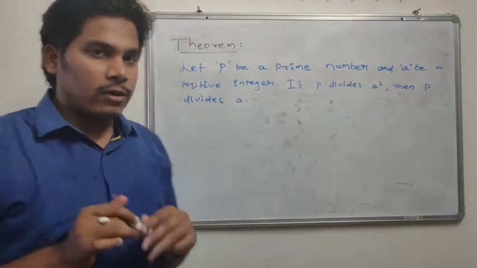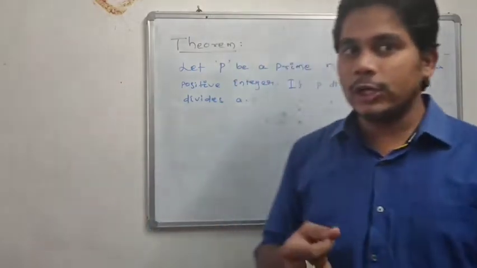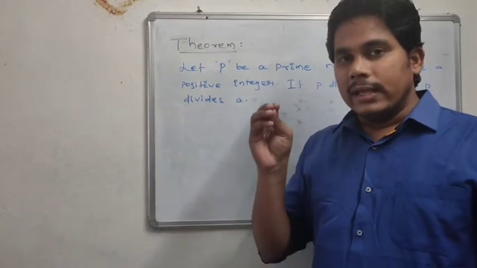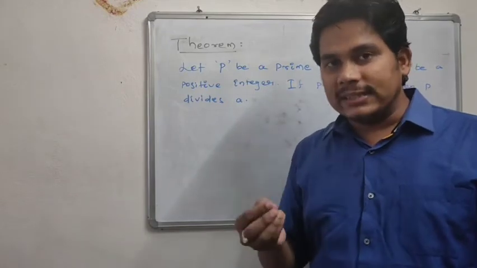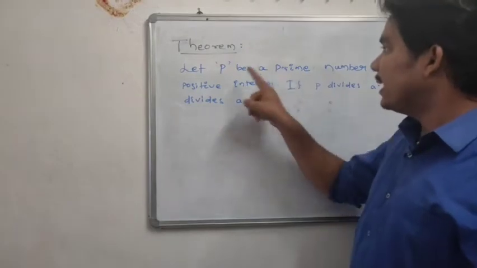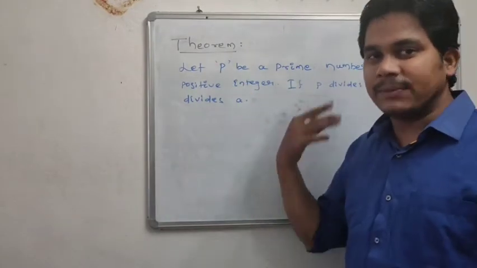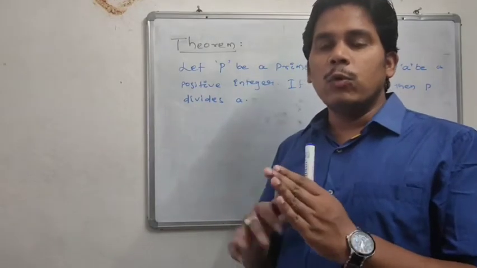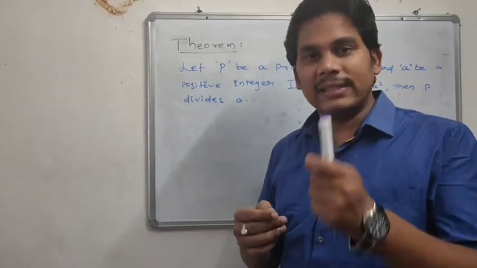First of all, we should discuss some typical terms here. What is a prime number? I already told you, a number which has no factors except one and itself. That is a prime number. Here the prime number we took as p. What is p here? It is a variable, meaning its value is not a fixed value.